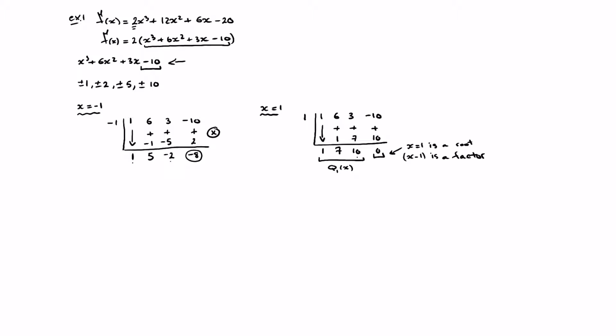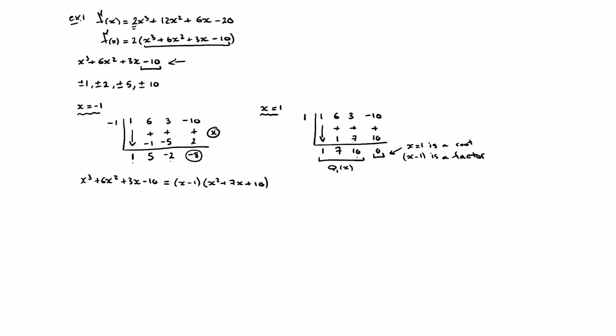So at this stage, what we can already write is that our polynomial function x cubed plus 6x squared plus 3x minus 10 equals x minus 1, the factor, times q1 of x, which is x squared plus 7x plus 10.